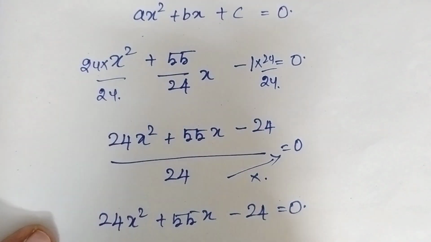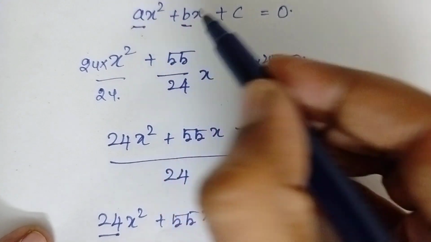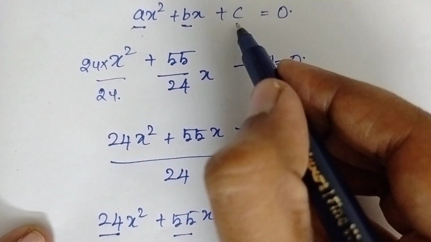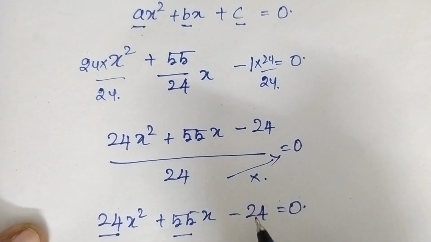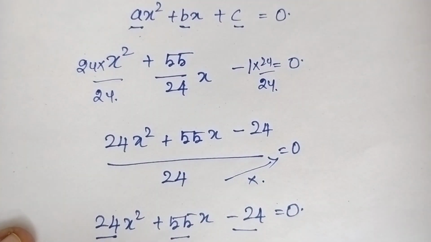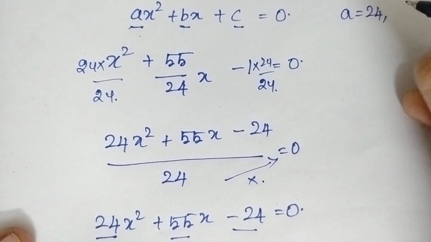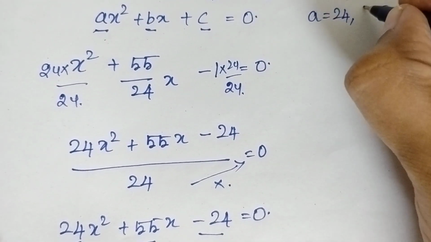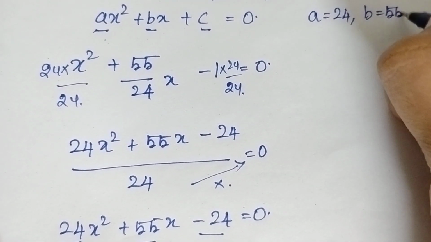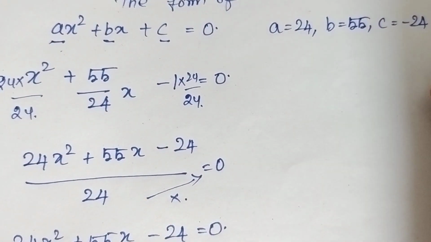Here a is 24 and b is 55, and c is minus 24. So a is equal to 24, b is equal to 55 and c is equal to minus 24.